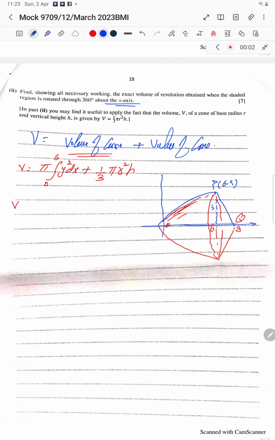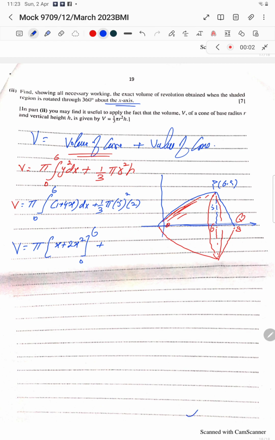So volume equals pi integral 0 to 6, and y squared of the curve will give you 1 plus 4x, as the square root will be eliminated, dx, plus 1 by 3 pi times 5 squared, and h from 6 to 8 is 2. So simplify this: x plus 2x squared from 0 to 6, plus this goes to 50 pi by 3.